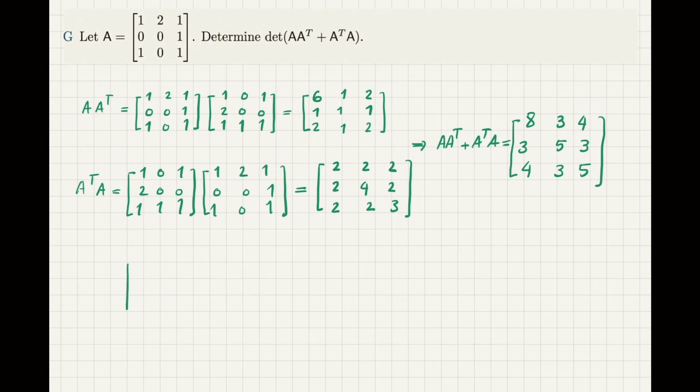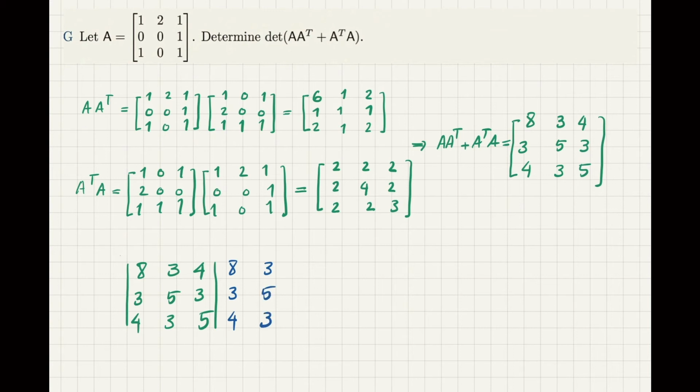So let me use the Sarrus rule. So I would write 8 and 3 and 4 and 5, 3, 5 and 3, 4, 3 and 5. Then I will repeat the first two columns here, 8, 3 and 4, 3 and 5 and 3.